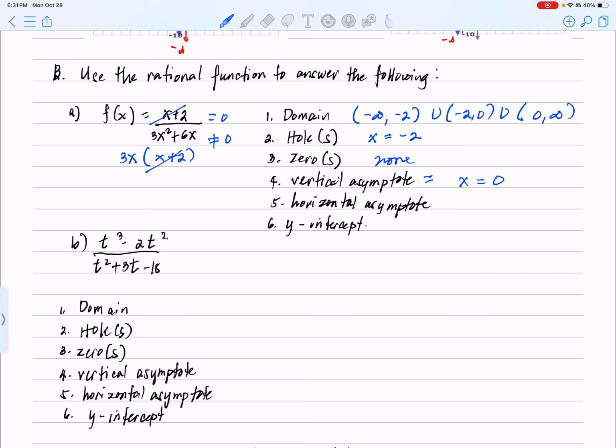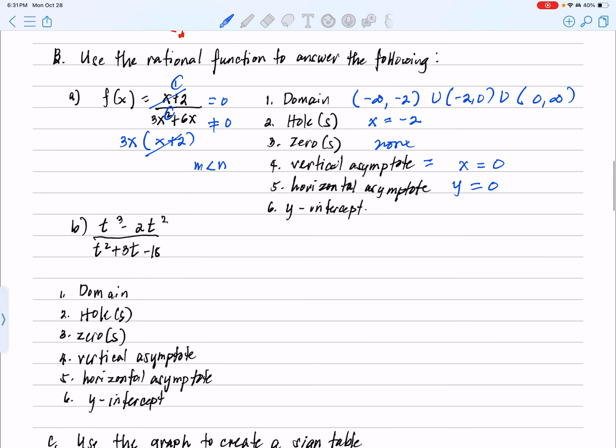Horizontal asymptote: the degree of the numerator is the first, and the degree of the denominator is the second, so m is less than n. Our horizontal asymptote is 0, because the degree of the numerator is less than the degree of the denominator.